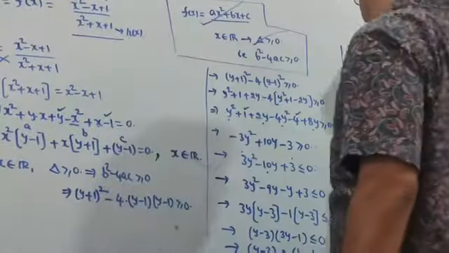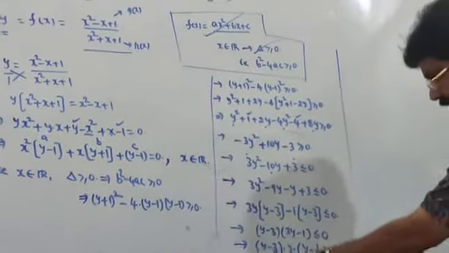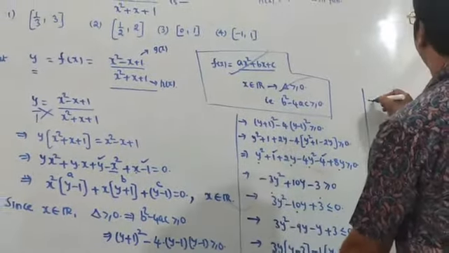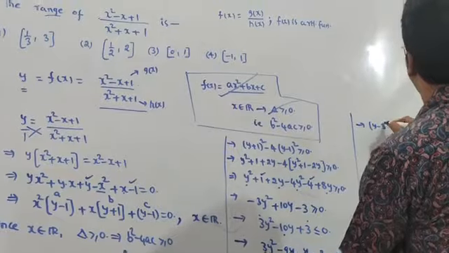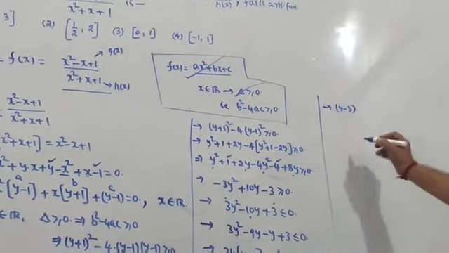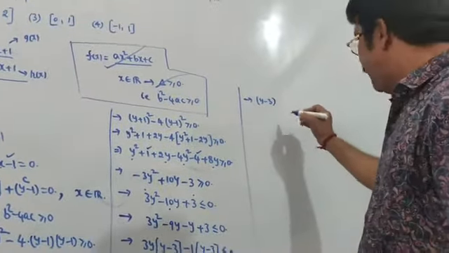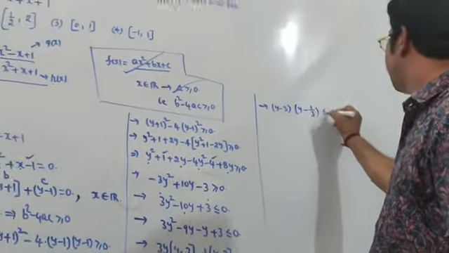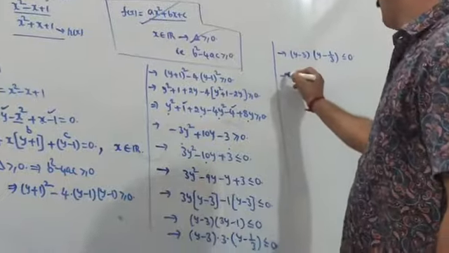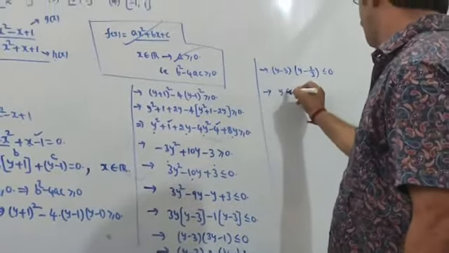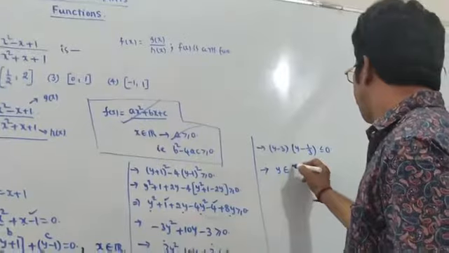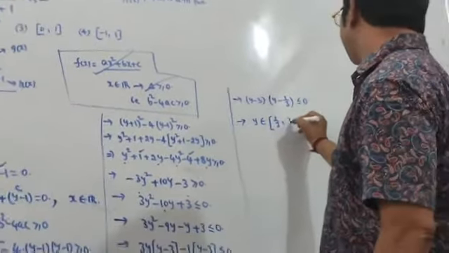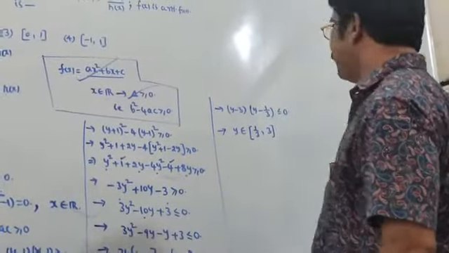Dividing by 3 throughout, we get (y minus 3) into (y minus 1 by 3) less than or equal to 0. Is it visible? So y belongs to the closed interval 1 by 3 comma 3.